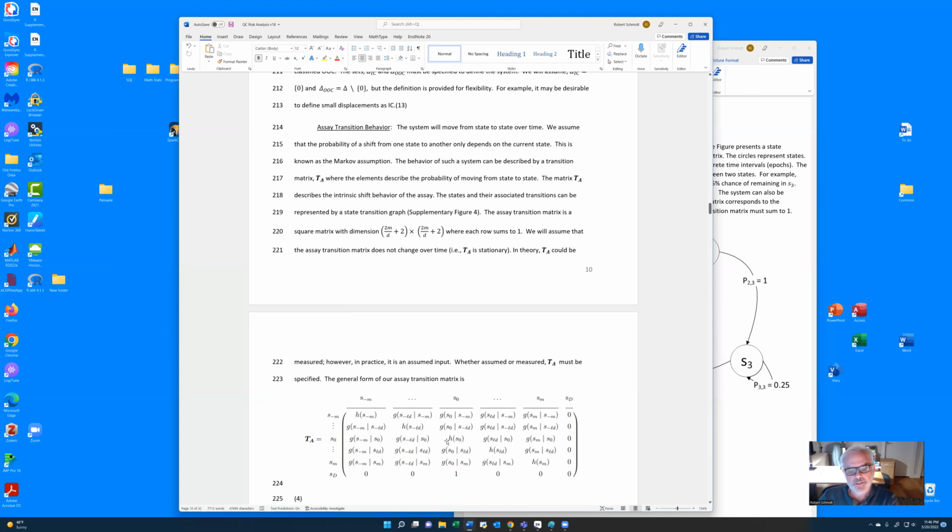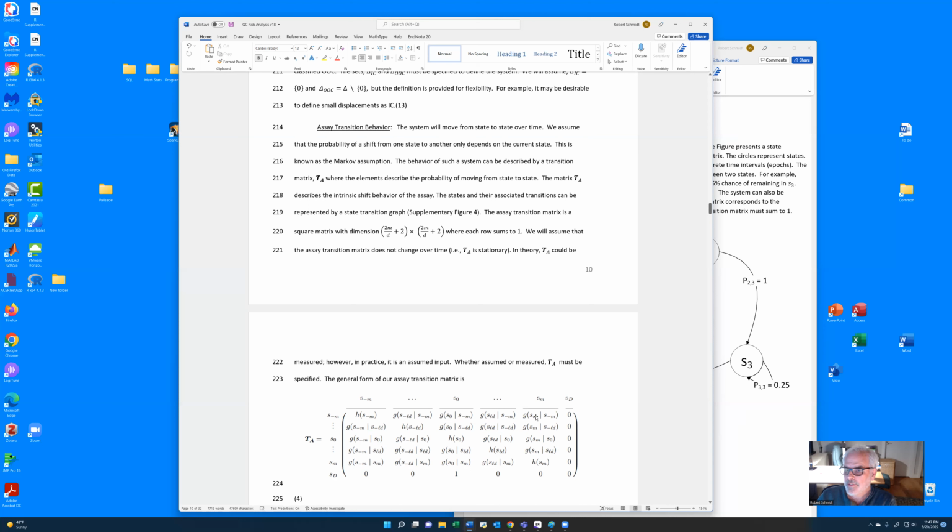So all the H's are probabilities of staying in the same state, of staying where you are, of not deviating from home. And all of the G's describe the probability of going away from home. And if you do leave home, what's the probability of going here, or here, or here? So this is very general.